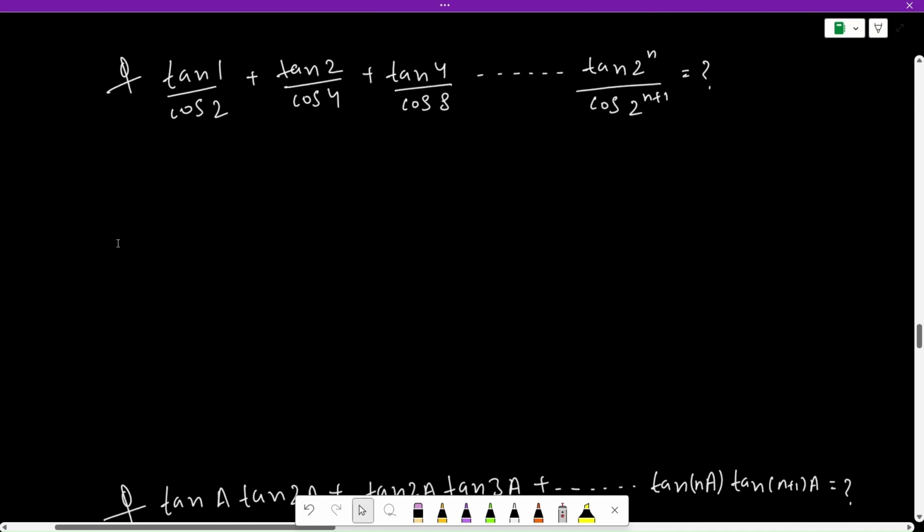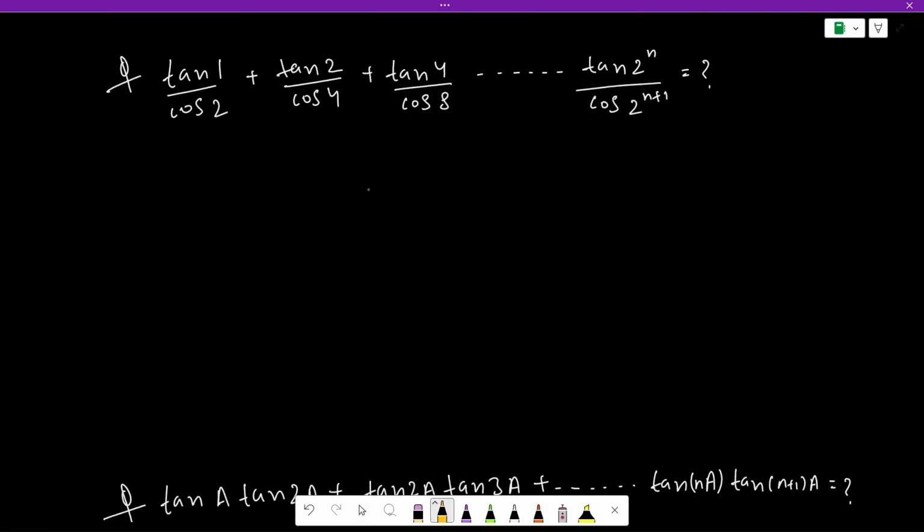Now this is the next question. Try it yourself and then see the solution. So now let me solve it. Now again, as you know, we have tan and cos here, but we have no such identity that we can solve in tan. So let's first convert it into sine and cos.